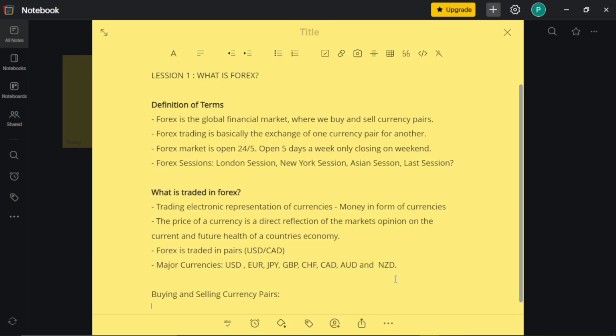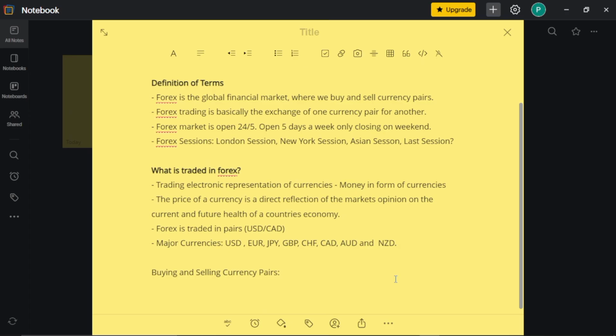Okay, so I already mentioned what we do in Forex markets. We basically trade money in form of currency pairs. Now, it's important for us to start with this. Forex trading is basically simultaneously buying one currency and selling the other.